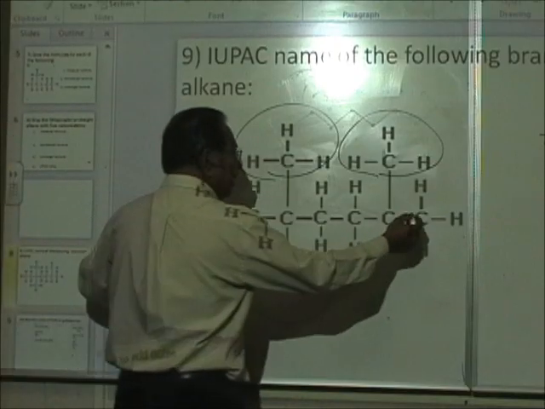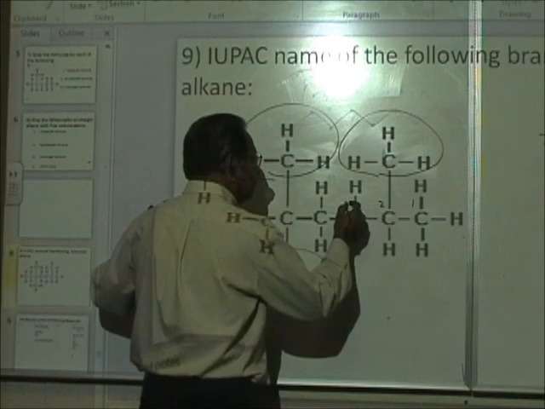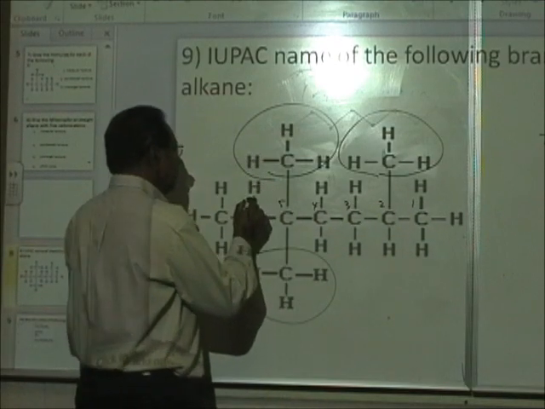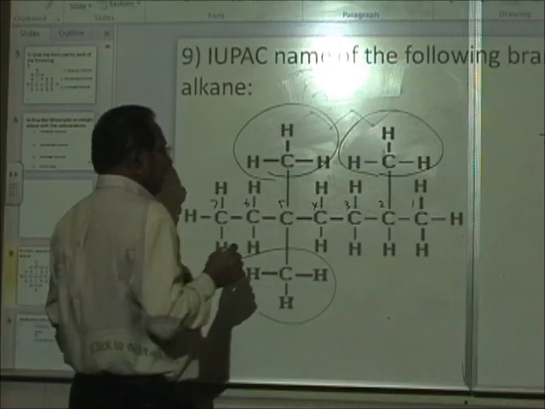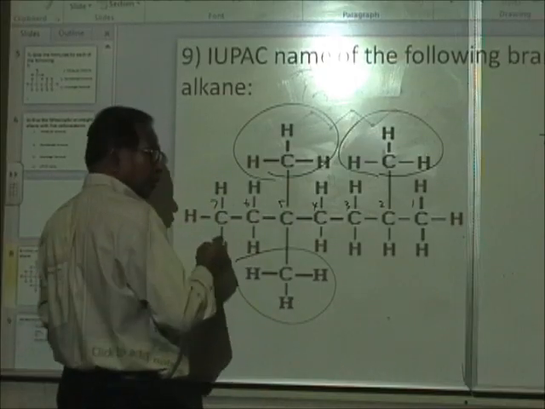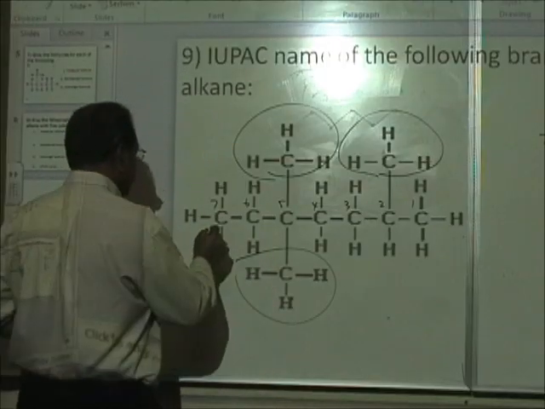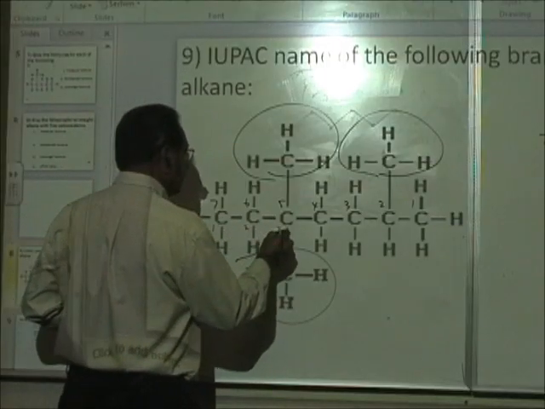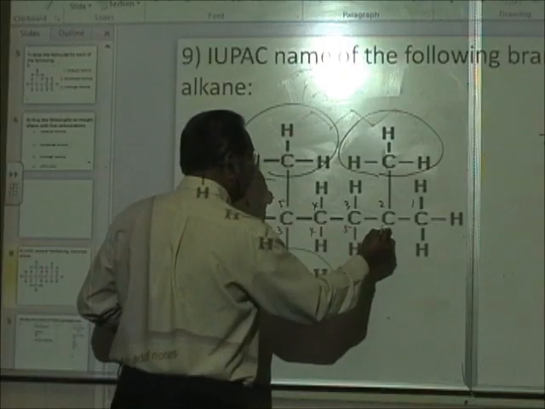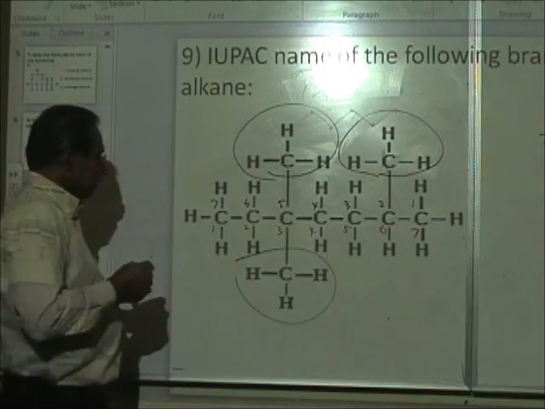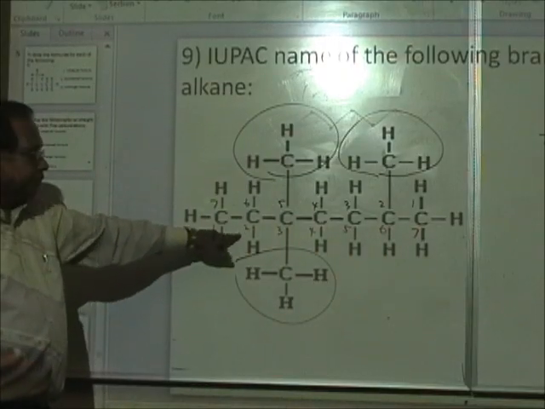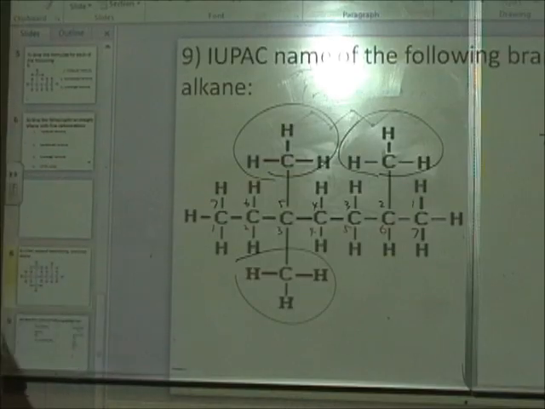If you label this way, this gets 5. If you go the other way around, this chain gets number 2. Which way do we do it?